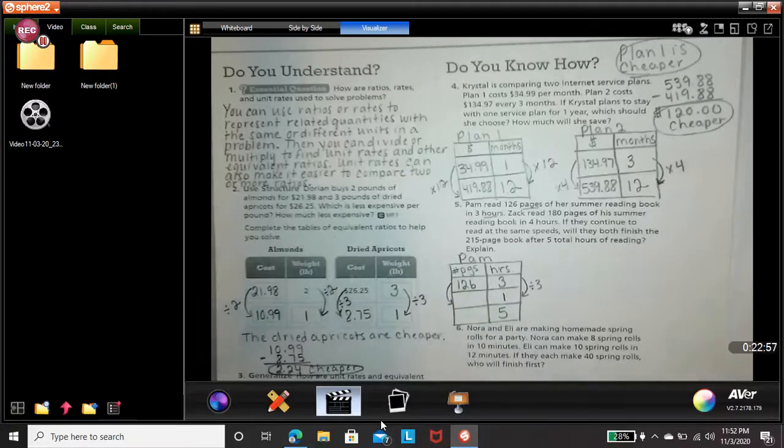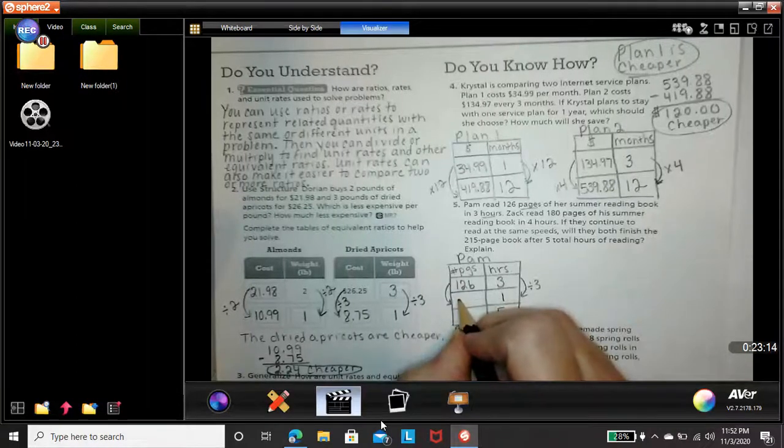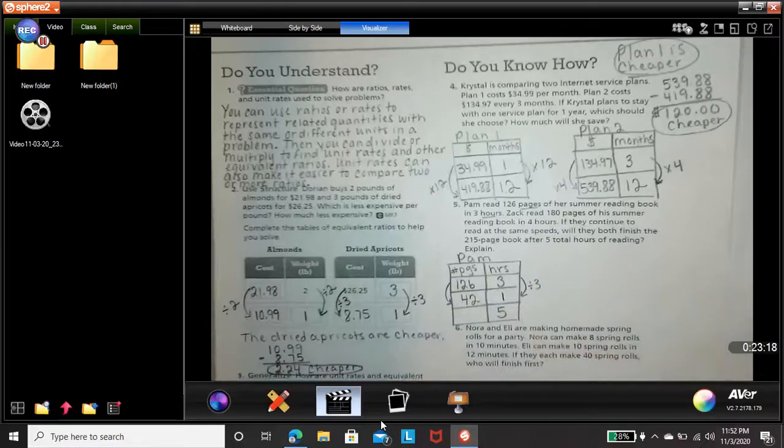Go ahead and do that on the calculator and fill in your number right in that spot. Okay, so at that rate of 1 hour, she will read 42 pages.